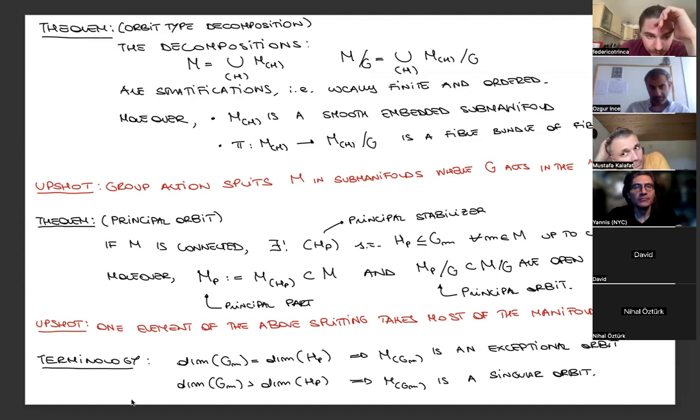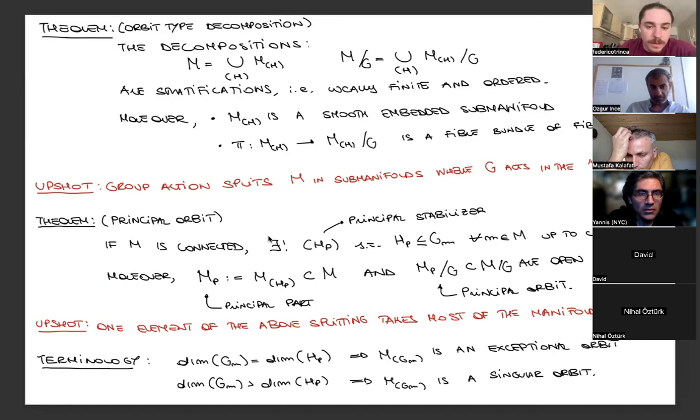So the upshot of these is that the above splitting has one stratum which is more important than the others and takes most of the manifold. And this is just notation about singular orbits and exceptional orbits.